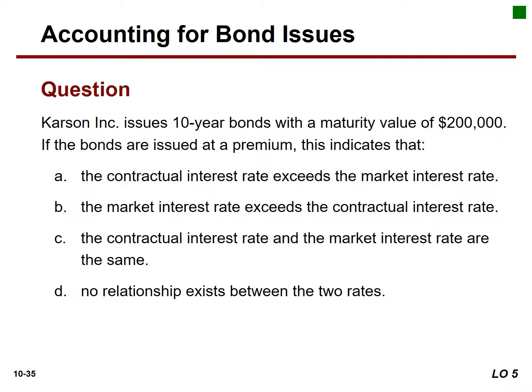If the bonds are issued at a premium, this indicates that the contractual interest rate exceeds the market interest rate. This bond that we're issuing now is very attractive to investors because the contractual interest rate is greater than what's currently being paid out in the marketplace, so we can charge a higher price or a premium when we issue these bonds.